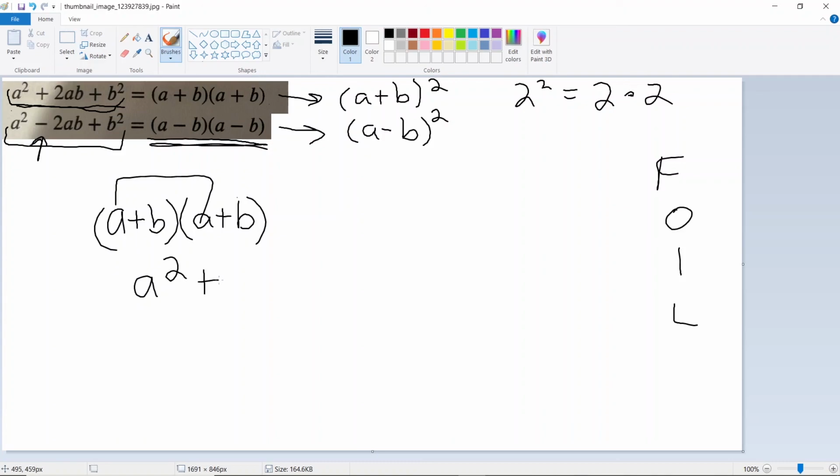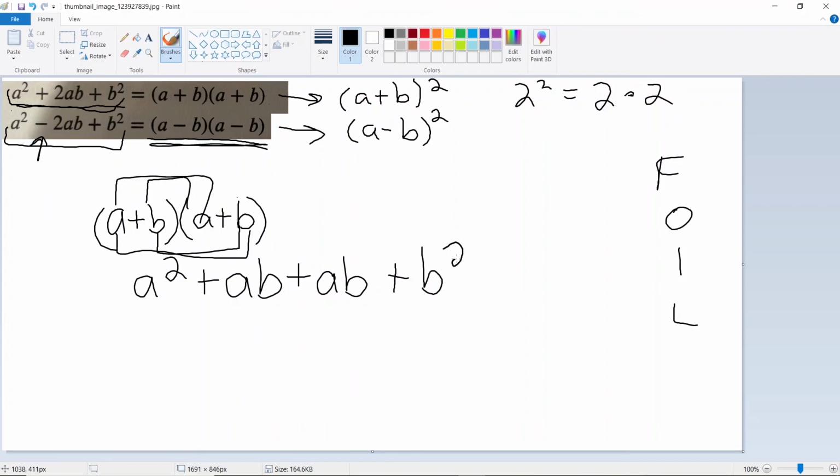Outside times outside, a times b is plus ab. Ha-ha. Why didn't you catch that mistake? I was testing you. Inside times inside is ab. You might write ba, but it's the same. And then last times last, b squared. So you get a squared. Add like terms, there's two ab's, plus b squared. So see, if you FOIL it, it comes out the same.